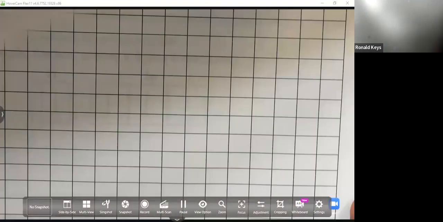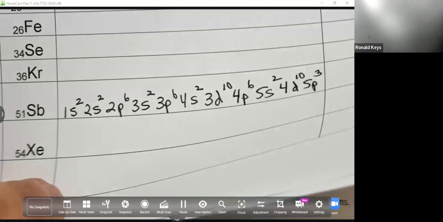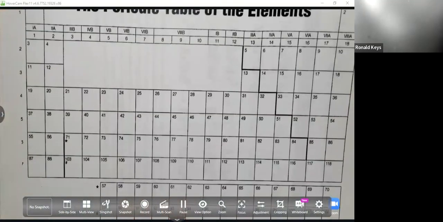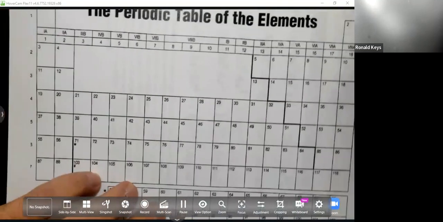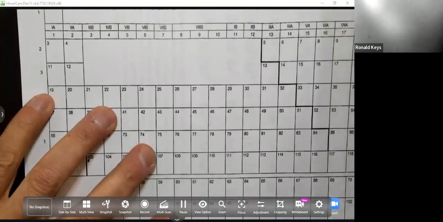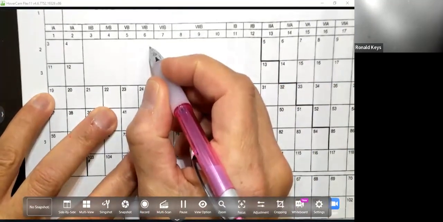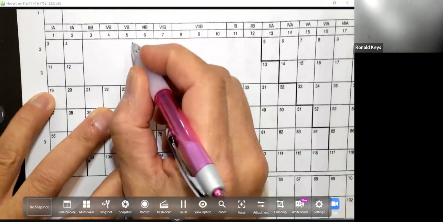Now let's do this. Somewhere you got this blank periodic table. Go to that blank periodic table. We're going to go to the middle. We're going to duplicate our diagram here, 1 through 7. We're going to do the exact duplicate.